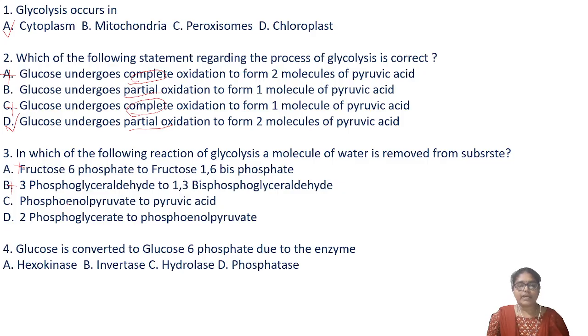Phosphoenol pyruvate to pyruvic acid is the last step of the reaction. A dehydration reaction is not going to happen here. We know that in the last but one step, one molecule of water is removed from 2-phosphoglycerate to form phosphoenol pyruvate. This is the dehydration reaction.